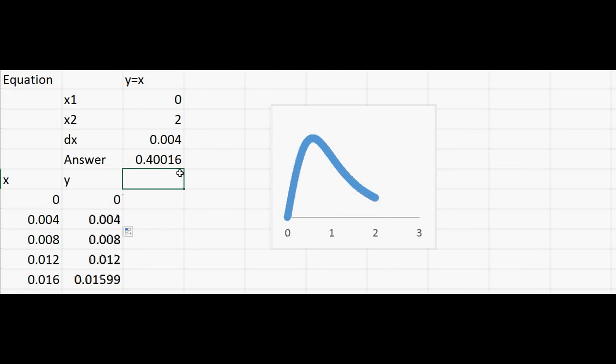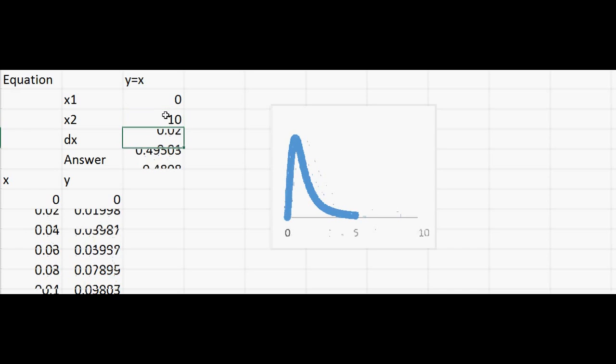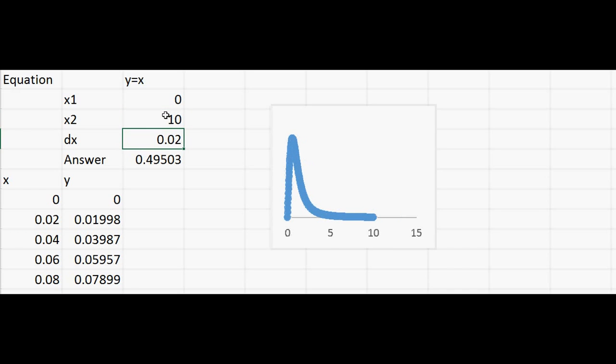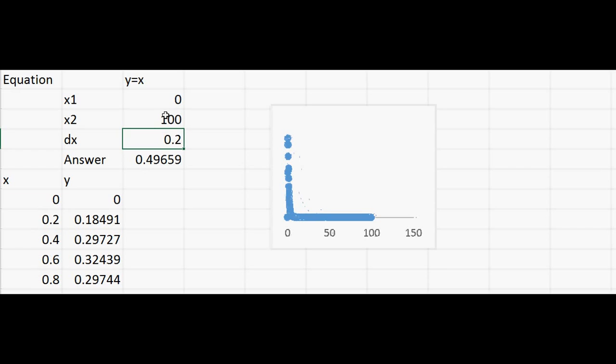Because it goes from 0 to infinity, let me try putting 5 here. If I put 5, you can see that our curve is approaching 0. If instead of 5 I put 10, it further approaches 0, and even if I put 100, it goes to approximately 0. So you can see that the answer is not changing.